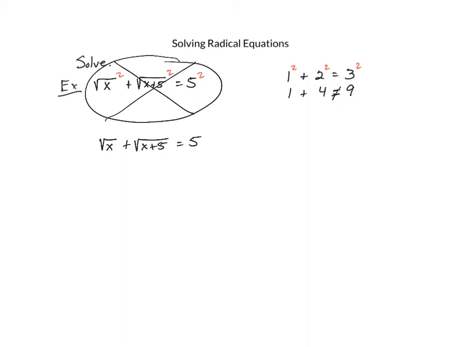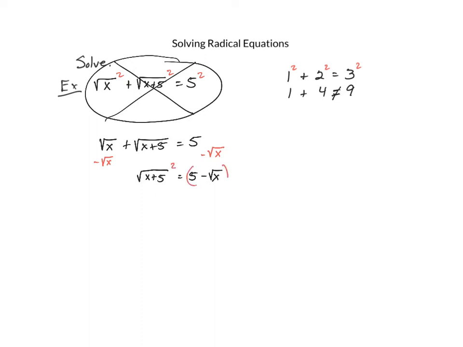So we could subtract the square root of x or subtract the square root of x plus 5 and continue. I'm just going to subtract the square root of x from both sides. So my next equation will be the square root of x plus 5 equals 5 minus the square root of x. And now we can square both sides.